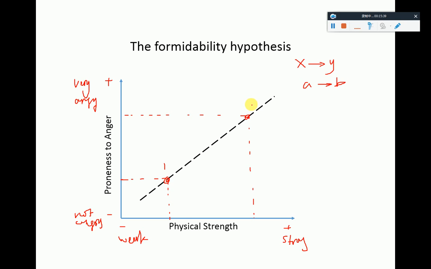So this is person 1, this is person 2, and we can immediately see that if we move from point 1 to point 2, that suggests as people become stronger, they will at the same time become more prone to anger. That's exactly what the formidability hypothesis says.